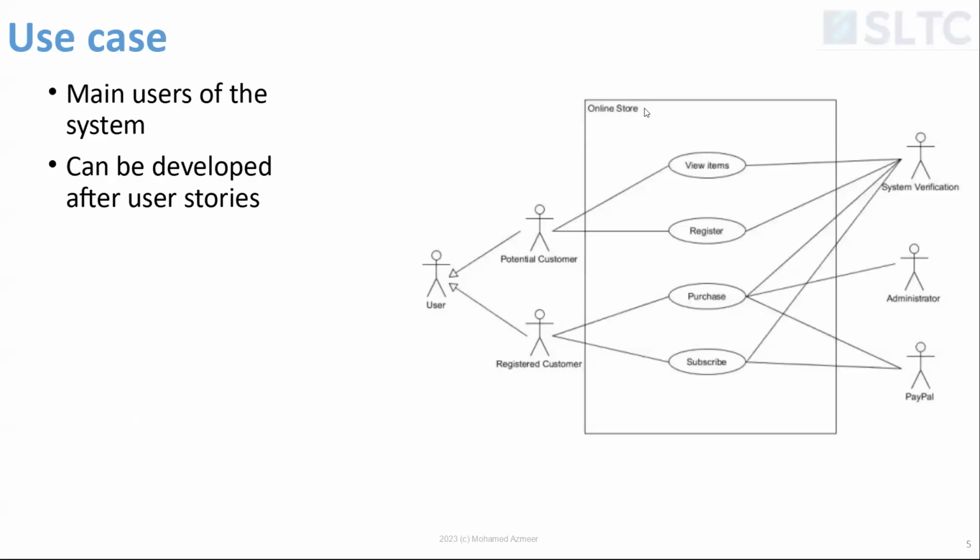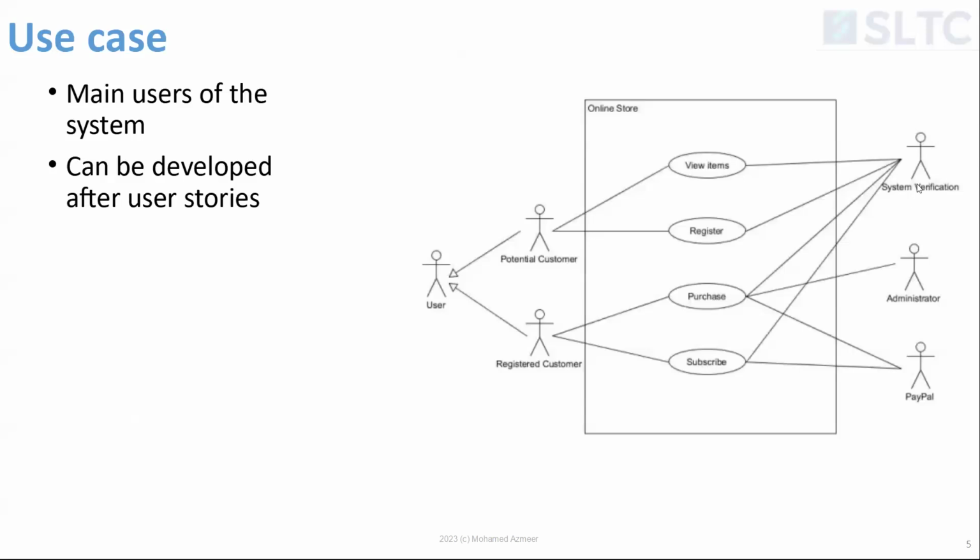Okay. And on the right-hand side, you can see other people or more people. So there is a system verification person, then there's an administrator person, then there's a PayPal person. Now, although we draw a person here, this might be another software system also. It doesn't have to be a human as well. Yeah.